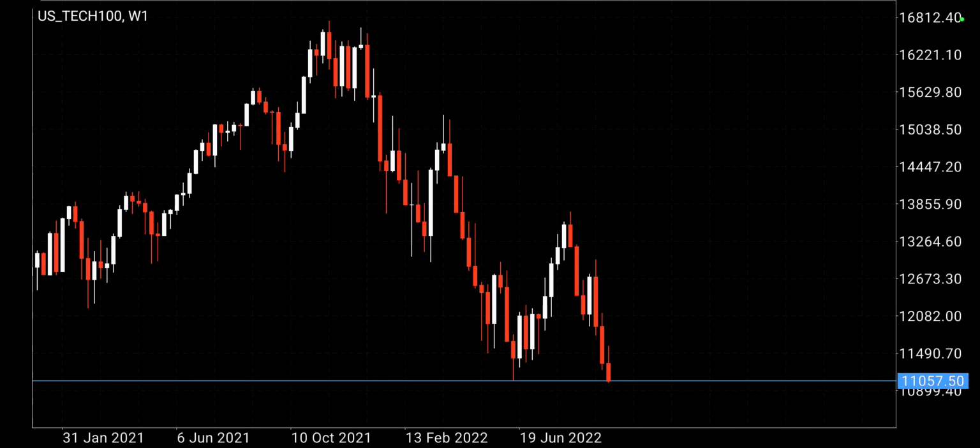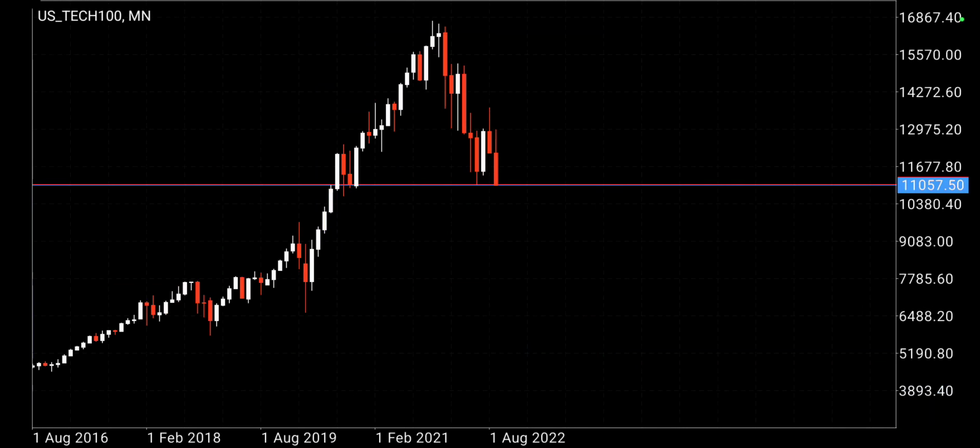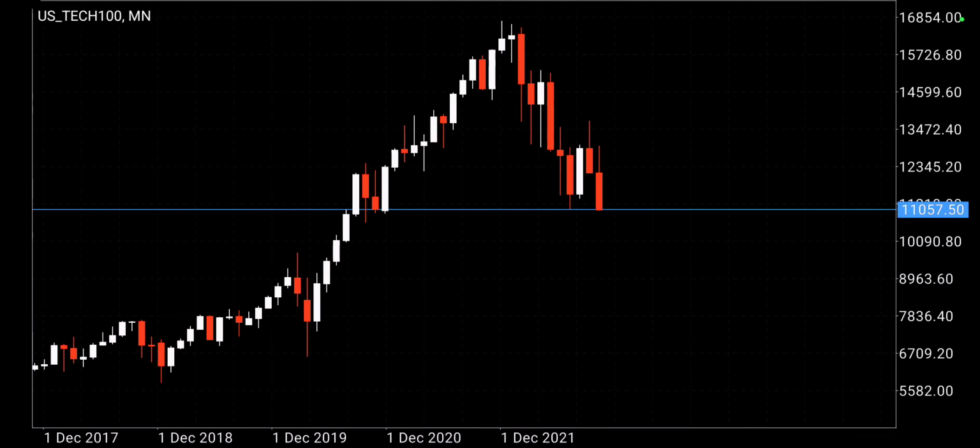So if you are selling there on your M15 without knowing what's happening on the weekly, you're going to end up trying to sell inside a zone where there's a lot of buy orders, and that's how you lose money. That's why I always show you that we start with the highest time frame and work our way down.